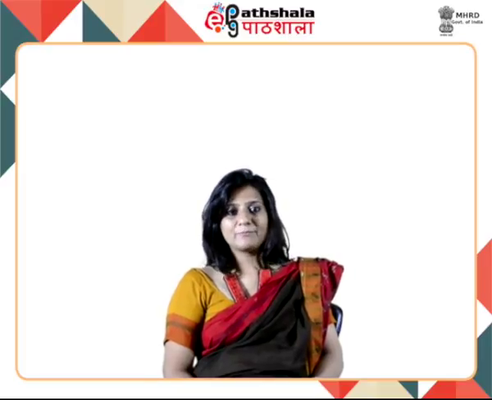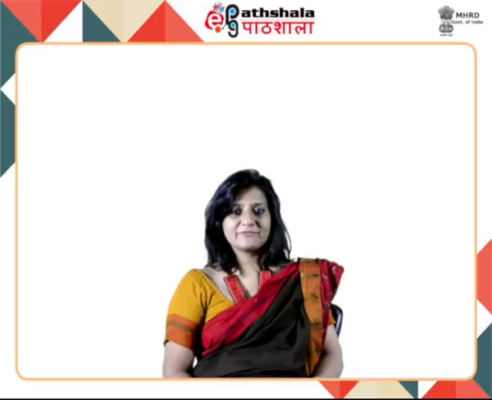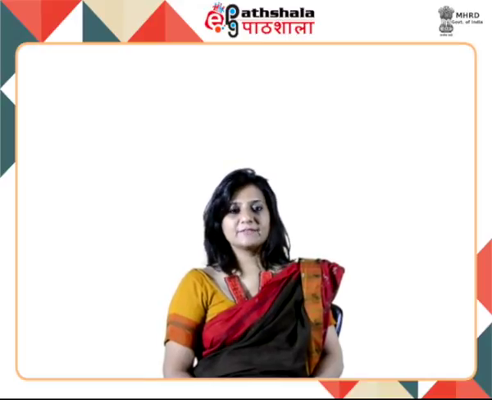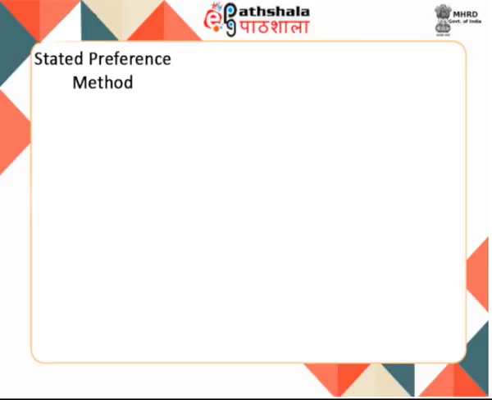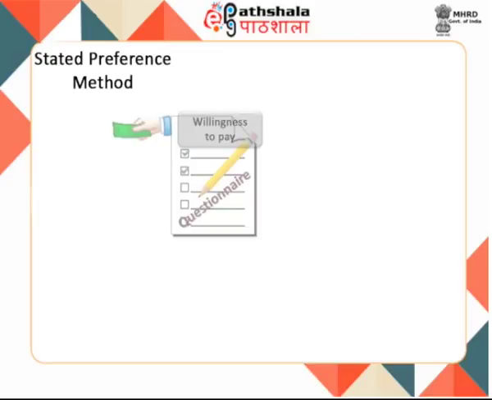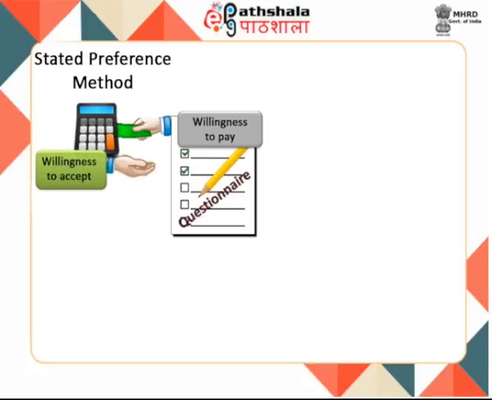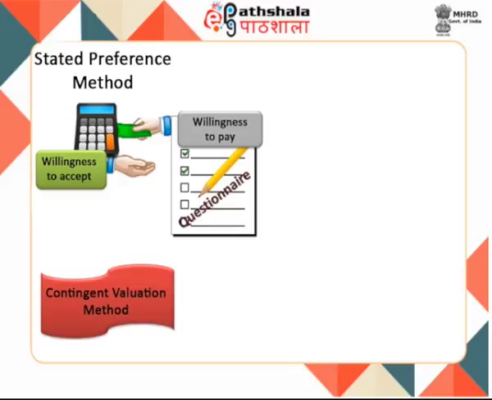Now, this direct approach can be further classified into stated preference method and revealed preference method. Stated preference methods obtain estimates of willingness to pay (WTP) and willingness to accept compensation (WTA) amounts for a given environmental change from individuals through a constructed questionnaire, for example, contingent valuation method.